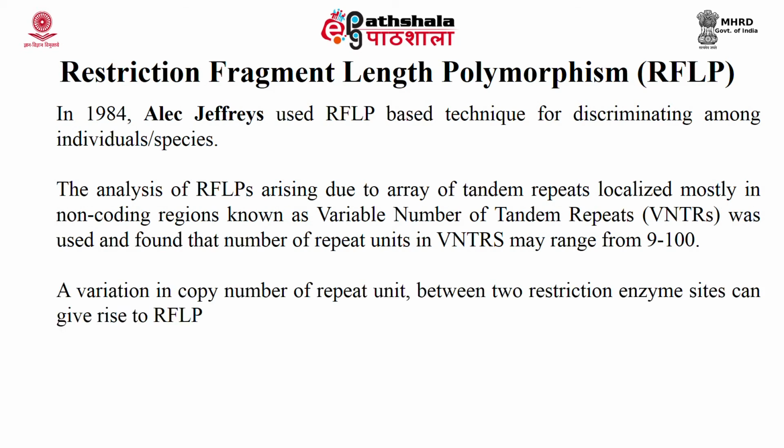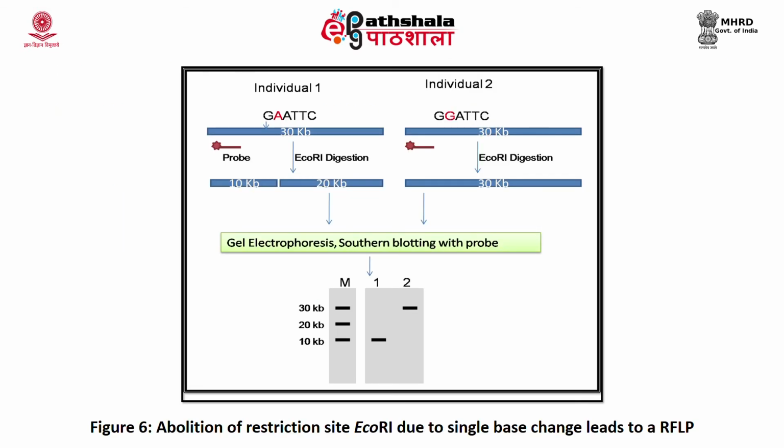The variation in copy number of repeat units between two restriction enzyme sites can give rise to RFLP. Figure 6 shows the evolution of the restriction site EcoRI due to a single base change, which leads to an RFLP between individual 1 and individual 2.